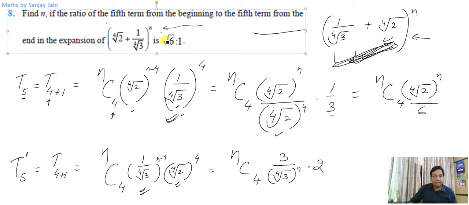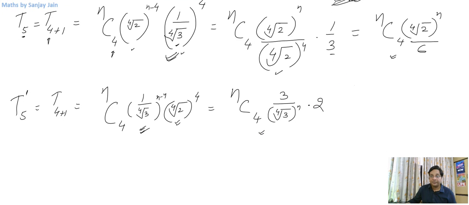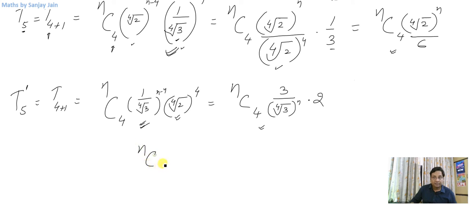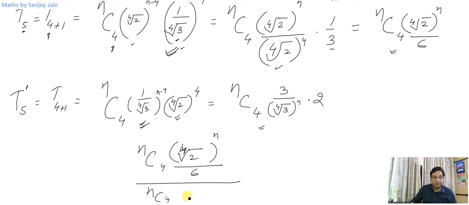Okay, now the ratio of the term from the beginning and the end is equal to root 6 by 1. So I'll divide this by this and put it equal to root 6 by 1. So nC4 times the fourth root of 2 raised to power n, divided by nC4 times 3 into 2, which is 6, right, in the numerator.